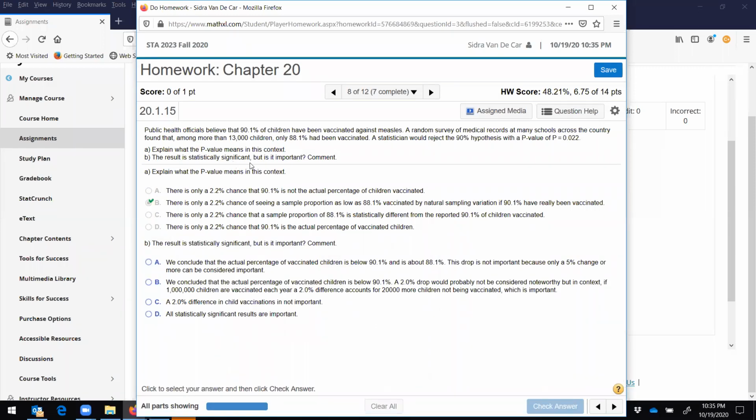The result is statistically significant, but is it important? Why?